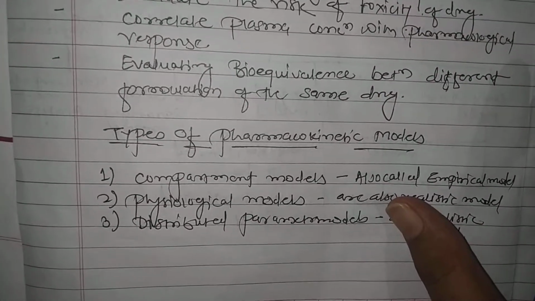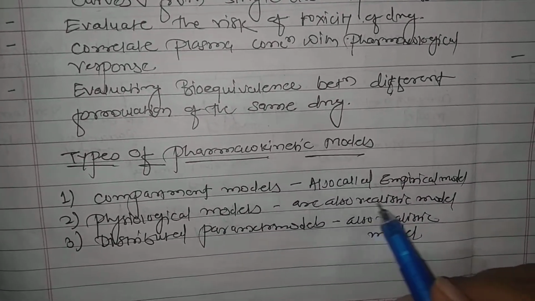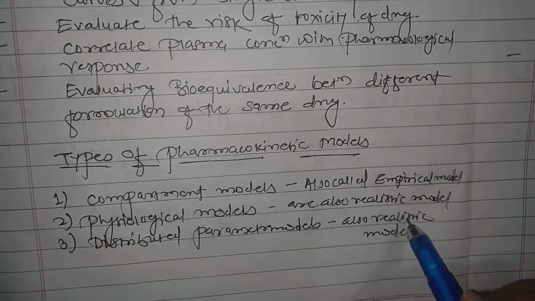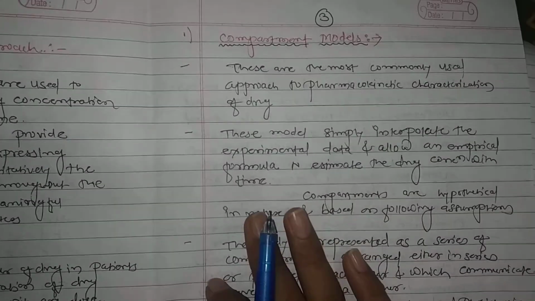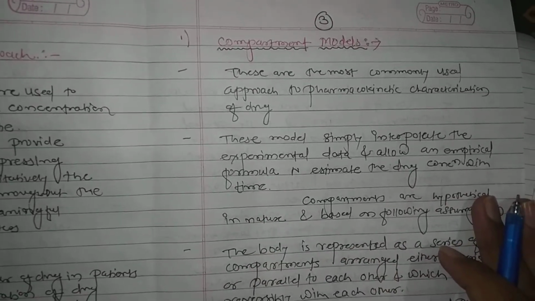So the types of pharmacokinetic models are the compartment model, also called the empirical model; physiological models, which are a realistic model; and distributed parameter models, which are also a realistic model. One by one we will discuss the different types of pharmacokinetic model.